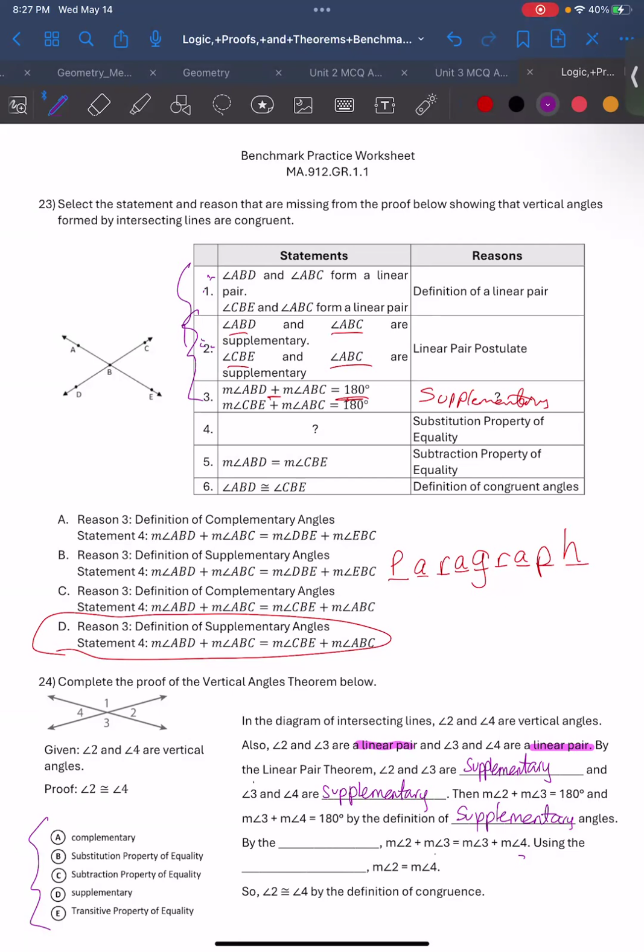Based on this, and even looking at question 23, question number 4, we did the substitution property of equality, and we basically did exactly what they're doing down here with the measures of the angles. So I think it's supposed to be substitution property.